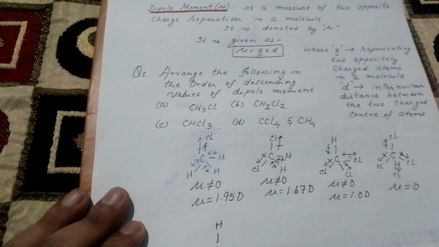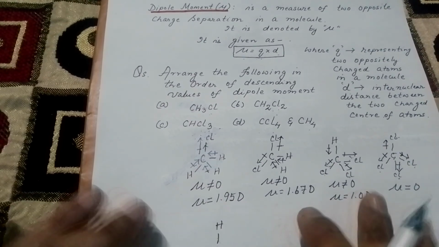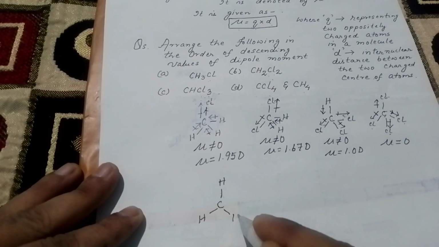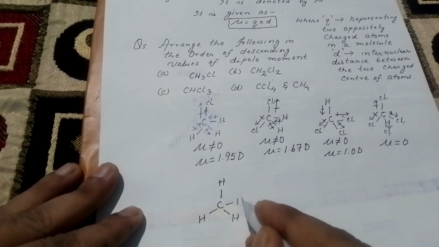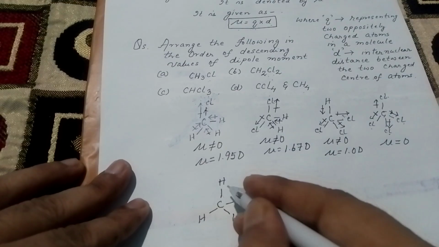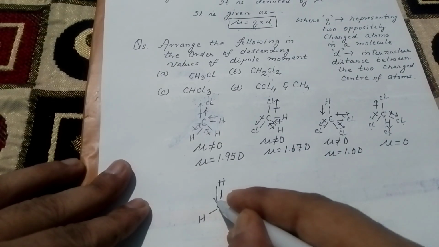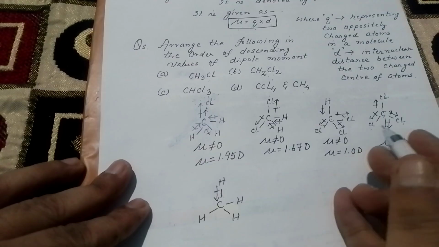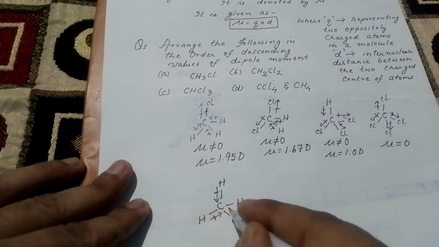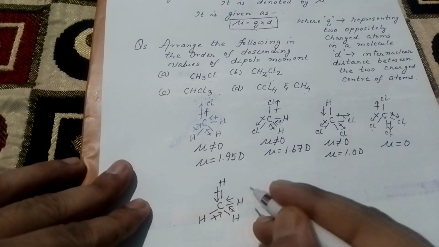Methane, we all know that it is bonded from all sides with the hydrogen, right? Now here, this hydrogen is less electronegative than carbon. So the dipole moment will be opposite to that of the carbon and chlorine. So here also same thing. Here also same thing. Here also same thing.